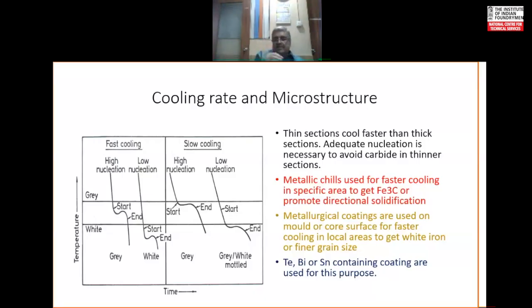So when the cell size goes down because of this faster cooling in specific areas, these are to be used as medicinal coating for special purposes only, not for general purpose. The point here I was making was that controlling the cooling rate to get the desired microstructure in a specific part of the casting is something which is done through this.